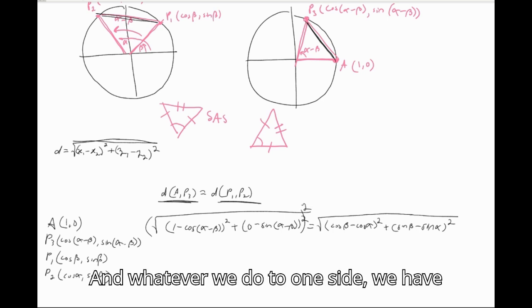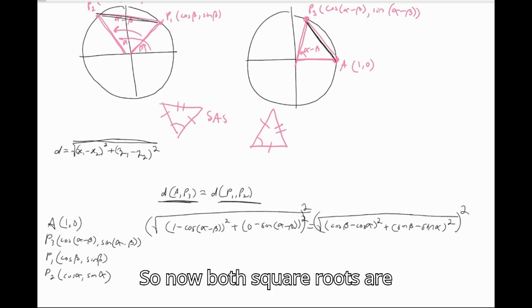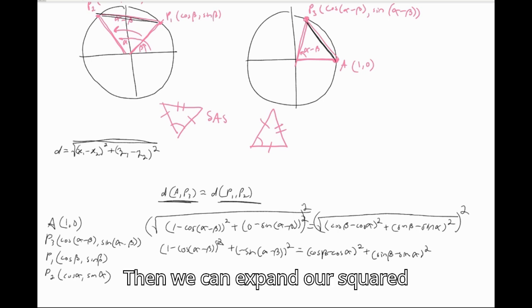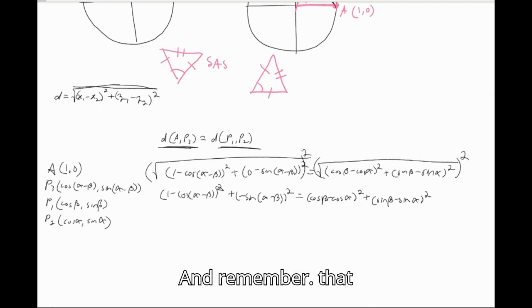And whatever we do to one side, we have to do to the other. So now both square roots are canceled out. Then we can expand our squared terms. And remember that a plus b squared is equal to a squared plus 2ab plus b squared.